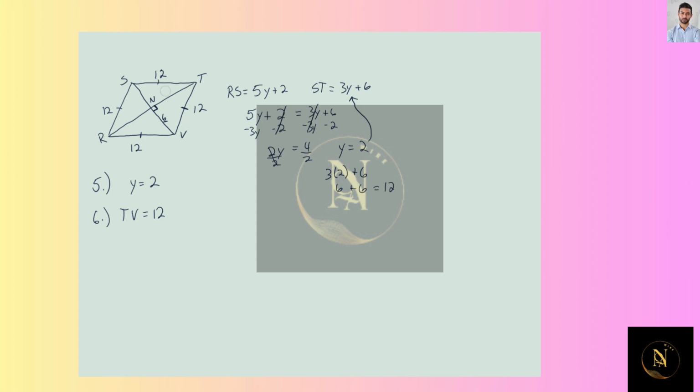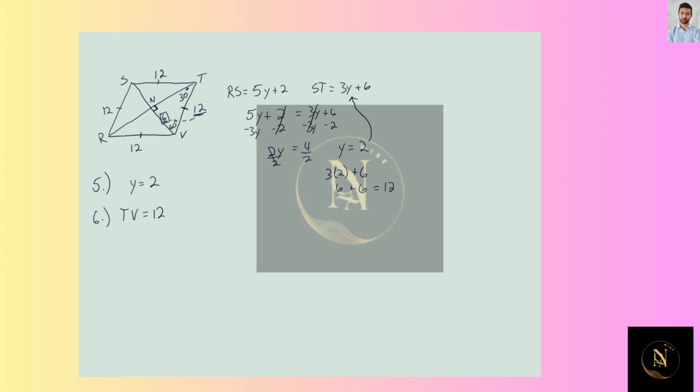So we must know that this side must be bigger than 6. That makes this 6 the short leg of a right triangle. And the hypotenuse here is 2 times the short leg. That happens in one special right triangle where this angle is 30 degrees, making this angle 60 degrees.